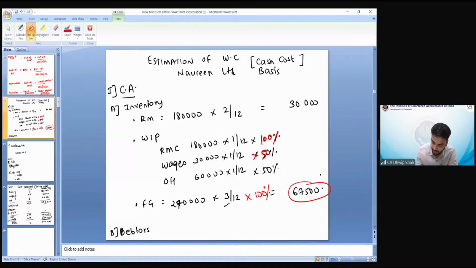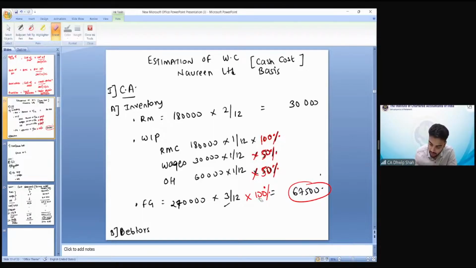WIP और FG में फर्क परसेंटेज कंप्लीशन में पड़ता है. Otherwise, there is no difference. Ideally, there is no difference because WIP is also valued on cost of production. FG is also, you can say, valued on cost of production or cost of COGS. दोनों का value same है. But here is the difference in percentage completion.